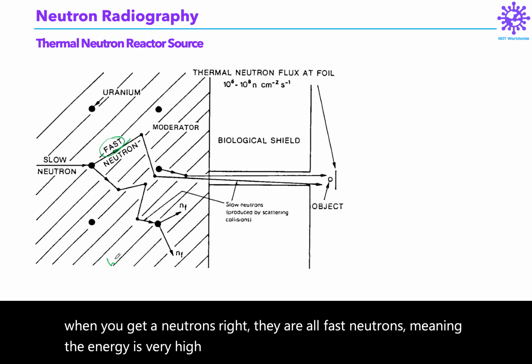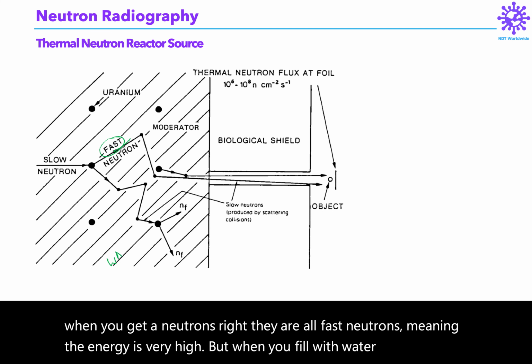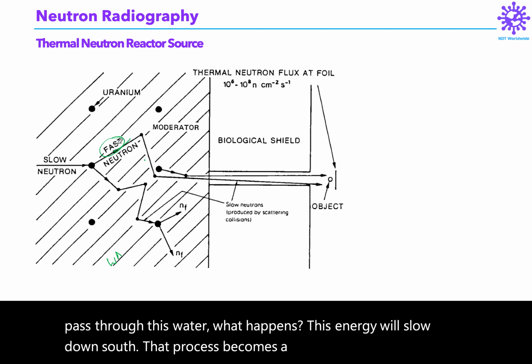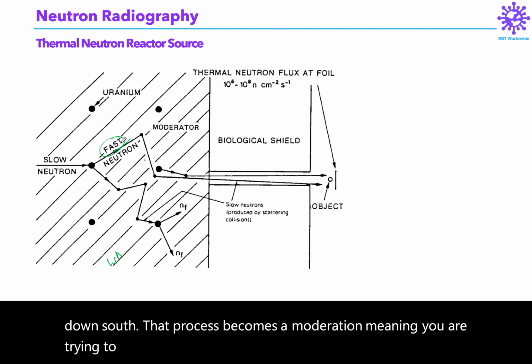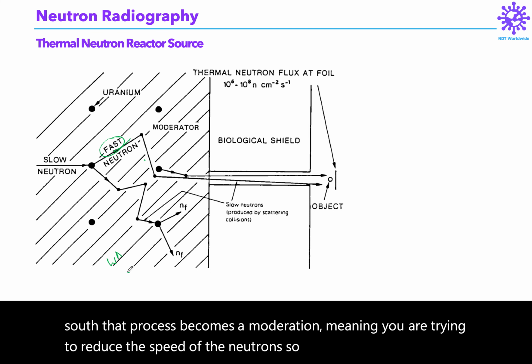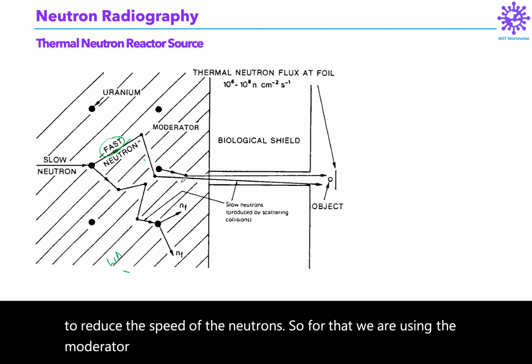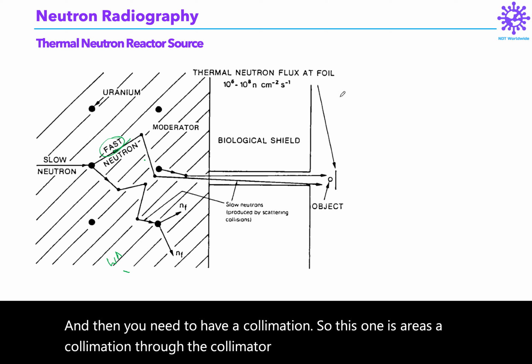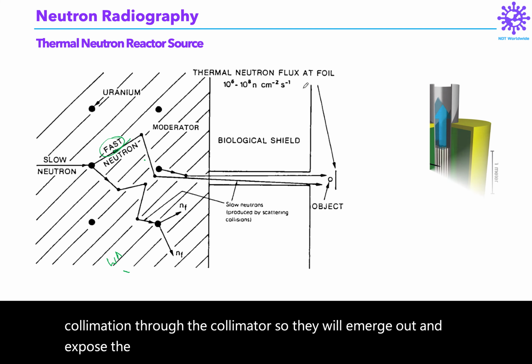But when you fill with water and pass them through this water, the energy will slow down. That process we call moderation, meaning you are trying to reduce the speed of the neutrons. For that we use the moderator, and then you need to have a collimation. This area is the collimation through the collimator, so they will emerge out and expose the object.